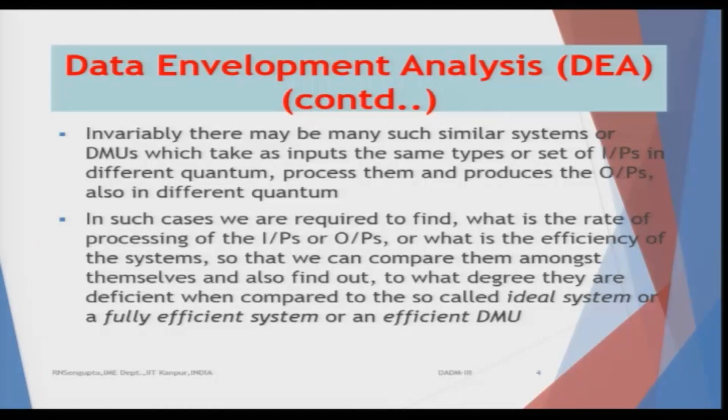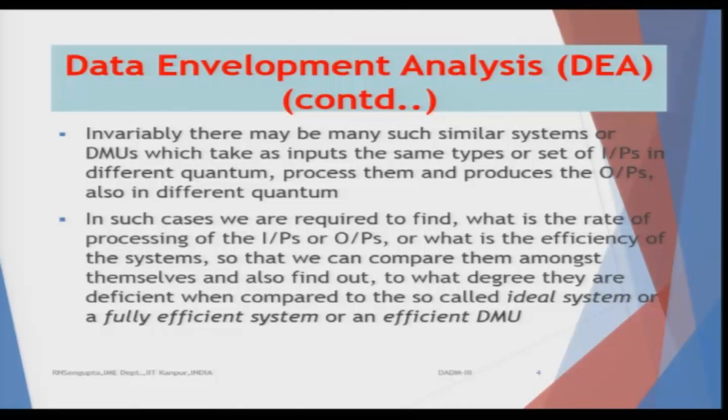So that we can compare the DMUs amongst themselves, and also find out to what degree they are deficient or there is inefficiency in the DMUs. When we compare them with respect to the so-called efficient ones, obviously there would be a lack of efficiency, so we will compare the inefficient DMUs with respect to the efficient DMUs.